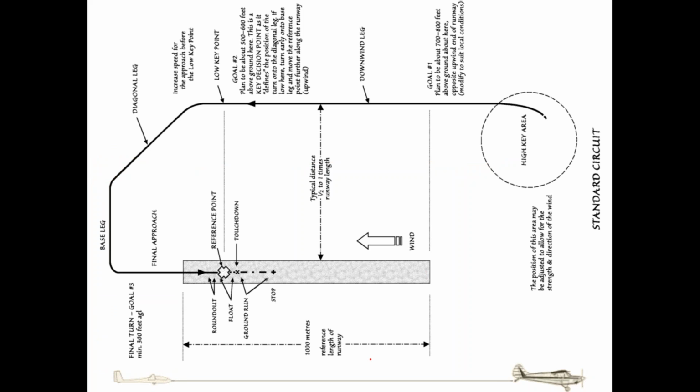Okay, so Kevin says reference point defined, where we need to point the nose on final. And yes and no. The yes part, Kevin, is that it is where I'm going to point the nose left and right, but it's not where I'm going to point the nose up and down. If I point the nose at the reference point, at the aiming point, I'm going to end up diving in towards the ground, and I'm going to keep pointing down and down and down.